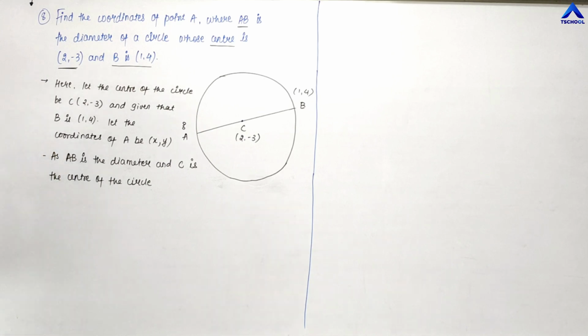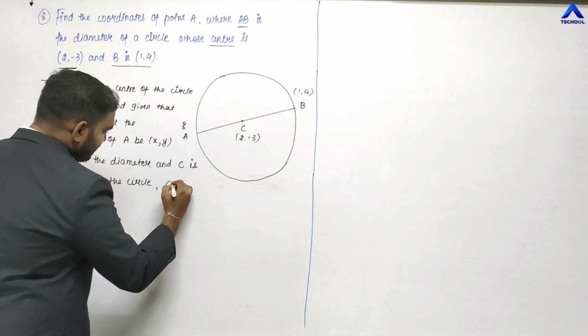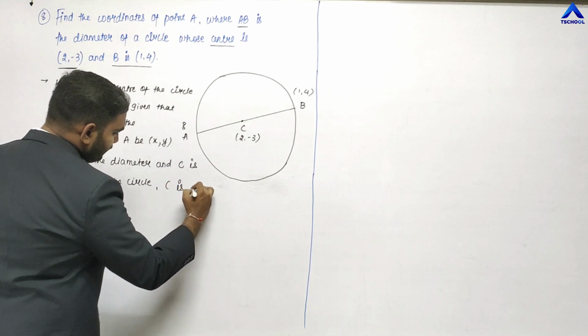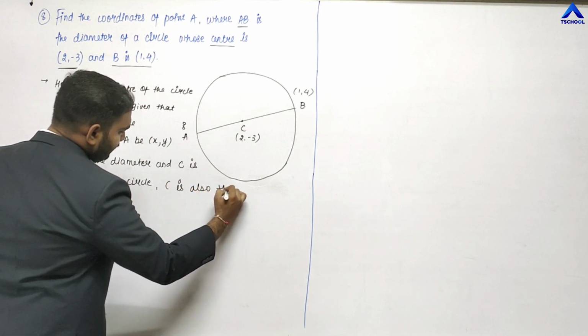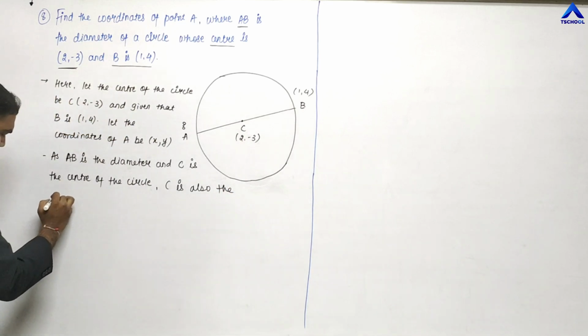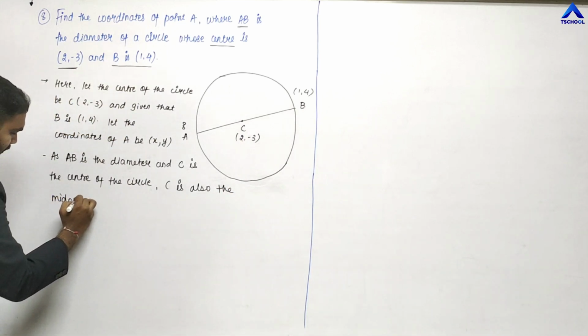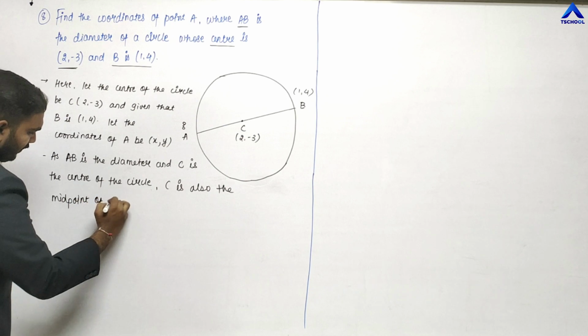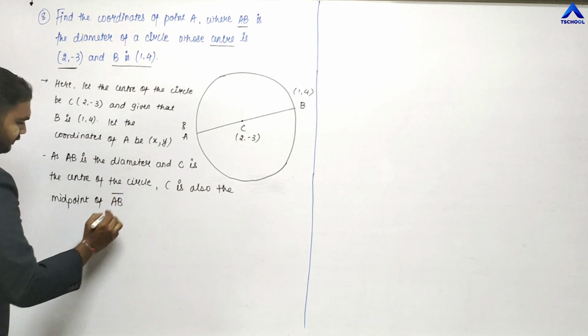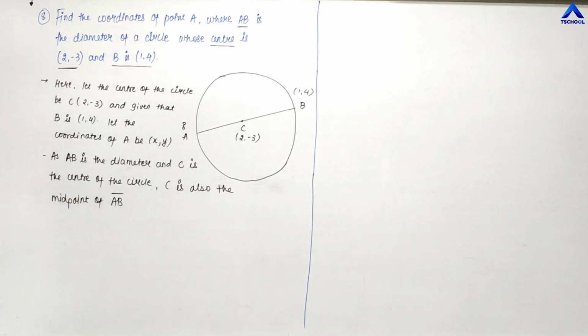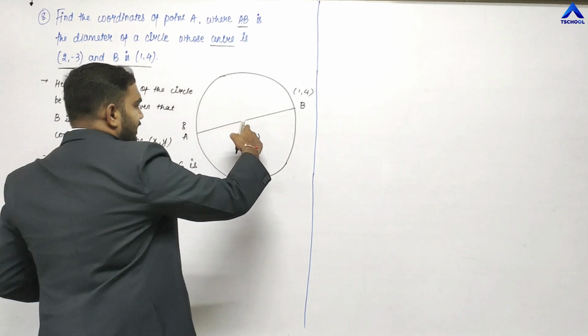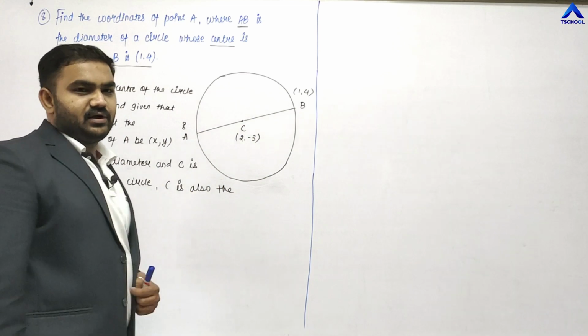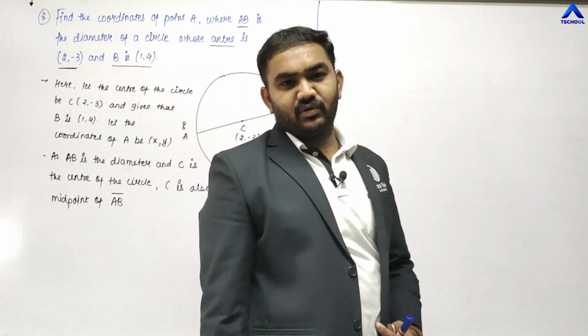as AB is the diameter and C is the center of the circle, C is also the midpoint of diameter AB. Yes or no? C is also the midpoint of diameter AB because center to any point on the circle is equal to radius.